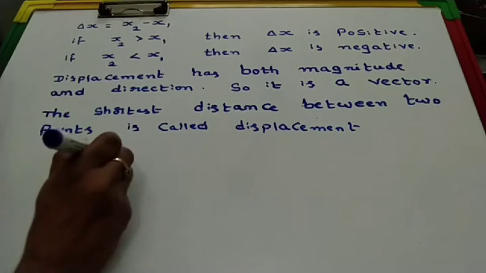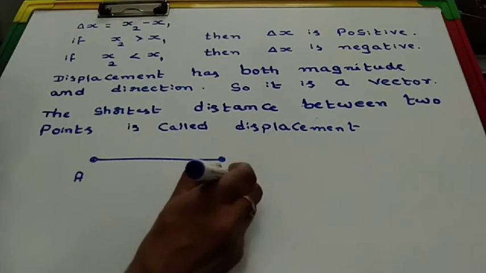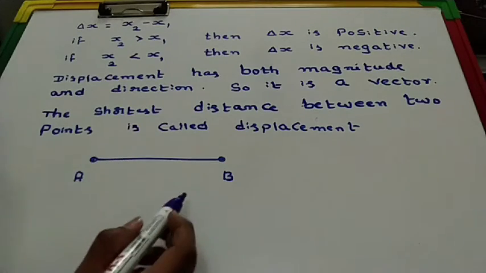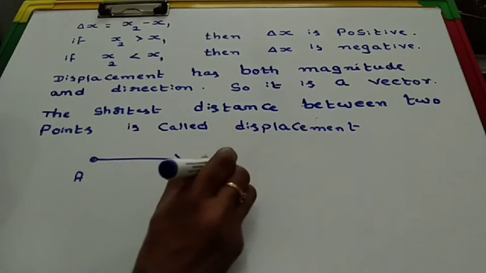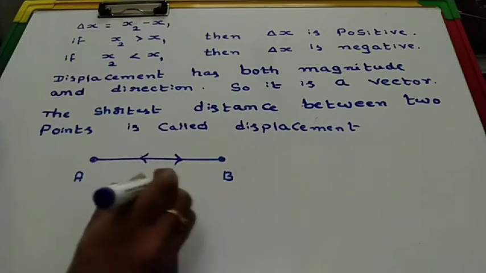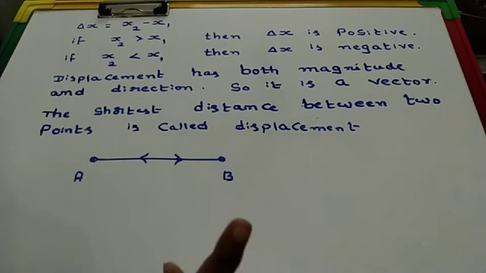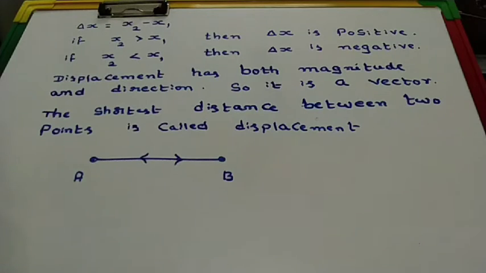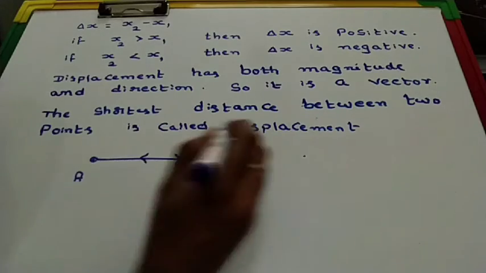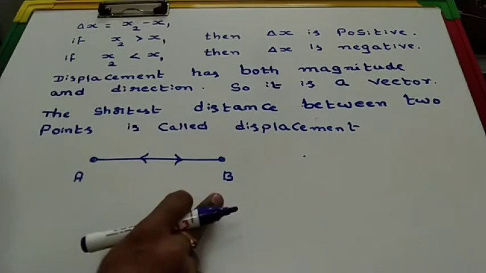Therefore, consider it is A, it is B. The shortest distance between 2 points is called displacement. It is either in positive direction or negative direction. The displacement is always only 1 between 2 points, whereas there are so many paths between 2 points.